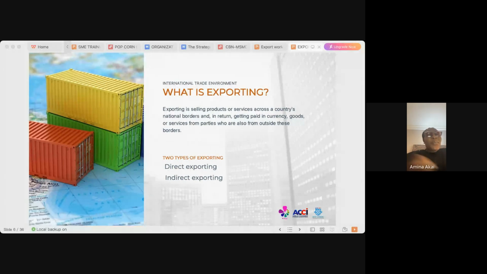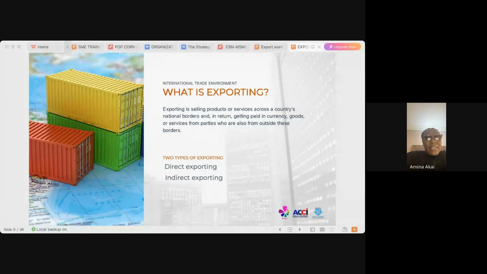Okay, so what is exporting? Exporting is selling products and services across a country's national borders, and in return, getting paid in currency, goods, or services from parties who are also from outside these borders. So, exporting is not just buying and selling products, it also includes services.